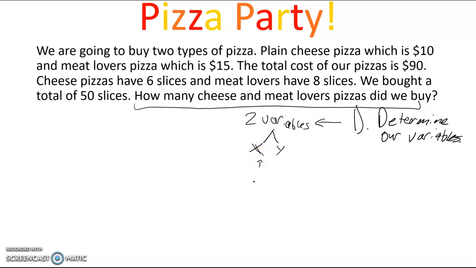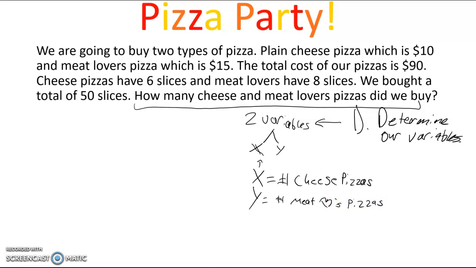So x is equal to the number, I'm going to use the little hashtag symbol there, of cheese pizzas. And then y is equal to the number of meat lovers pizzas. I'm going to draw a little heart there. Not a very good heart, but whatever.